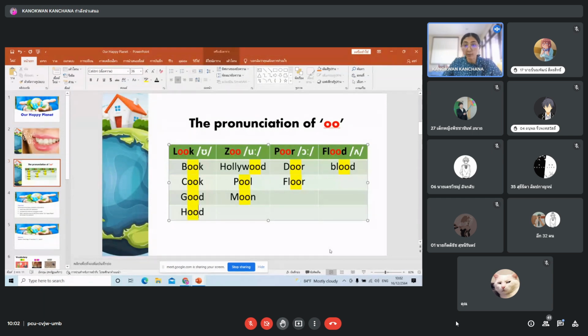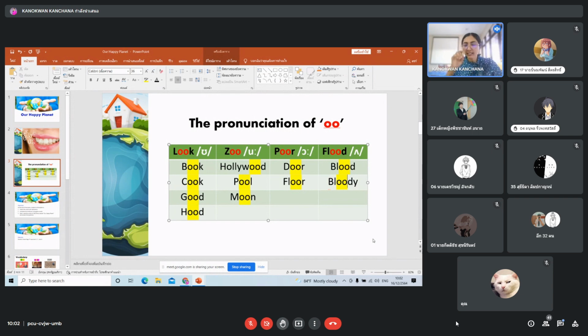You see, everyone, even though you see the OO, you have four different ways to say it. Actually, everyone, we have more than four. We have at least six. There are six ways to pronounce the OO in English.